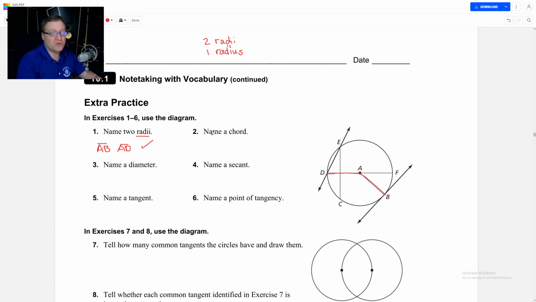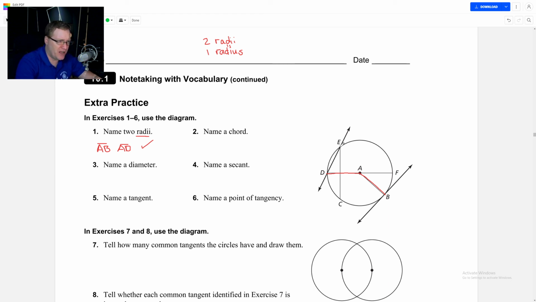Next, number 2, we need to find a chord. All right, I'm going to use green for this one. What is a chord? Well, if you look back at our definitions, a chord is a line segment that goes from one point on the circle to another point on the circle. So there actually are a couple of chords here, a few chords, actually 3, but I'm going to pick this one.